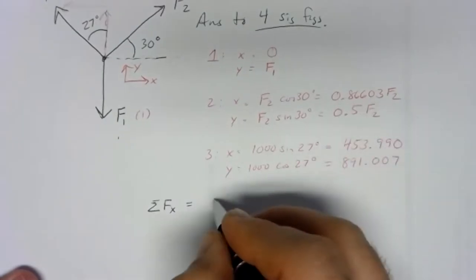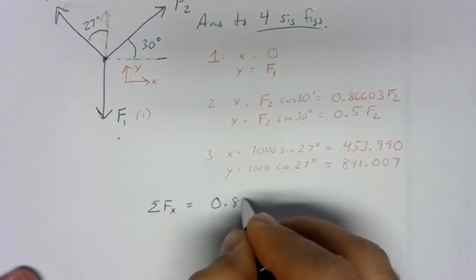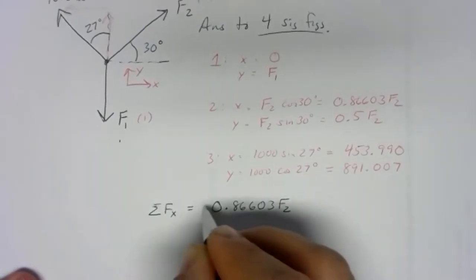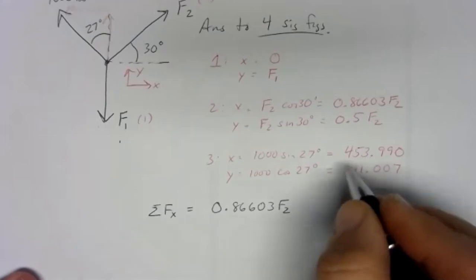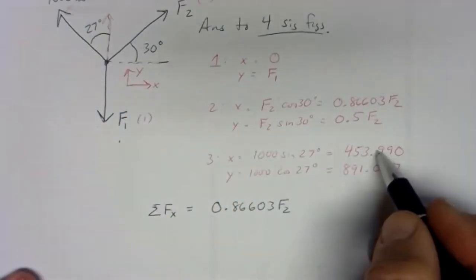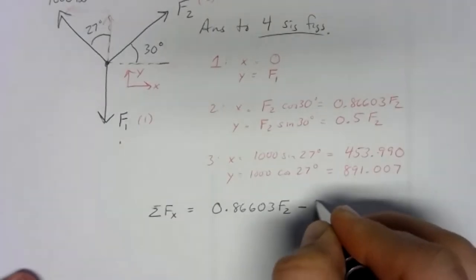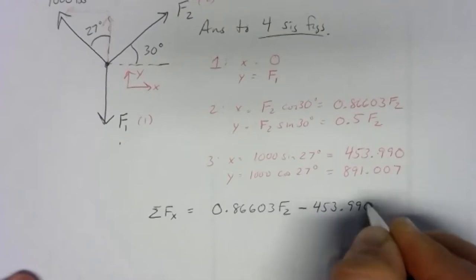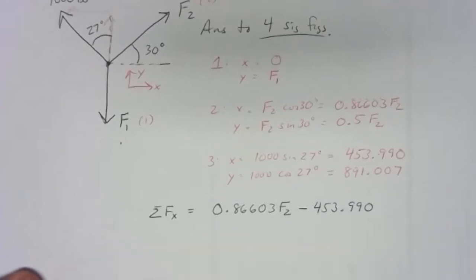So vector 2's x component is 0.86603 F2, and that's going in positive. Then vector 3, that's pulling to the left. So its x component goes in negative. So we have negative 453.990. So there's our sum of forces in the x direction.